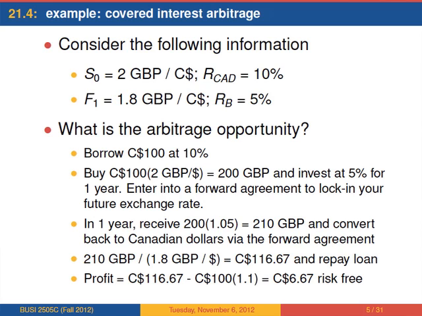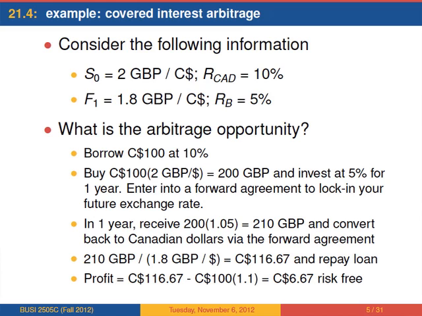Actually, this one is four numbers, because you've got the spot rate, the forward rate, and then the interest rate in the two countries.